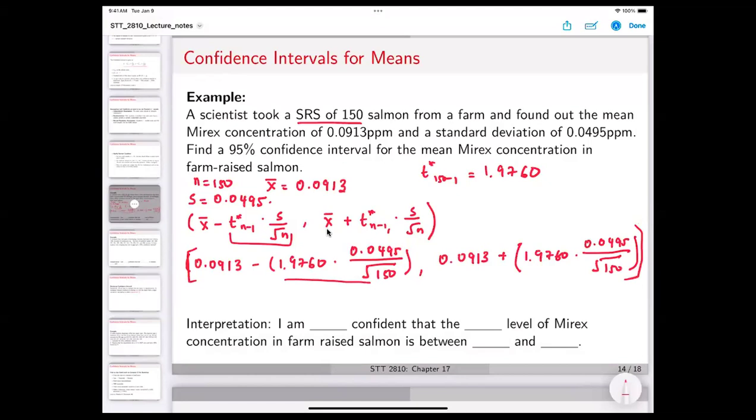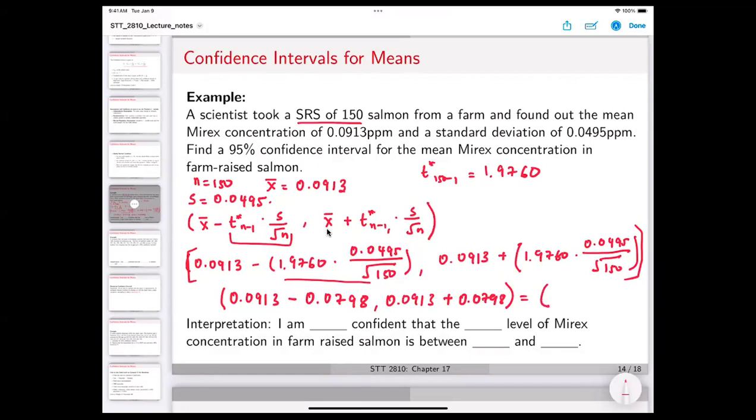So when I multiplied, I got 0.0913 minus the whole of this times 1.9760. I got 0.0798. Did you guys get that? Try to find this and multiply it by this. That is what I got. And then there's going to be 0.0913 plus 0.0798.